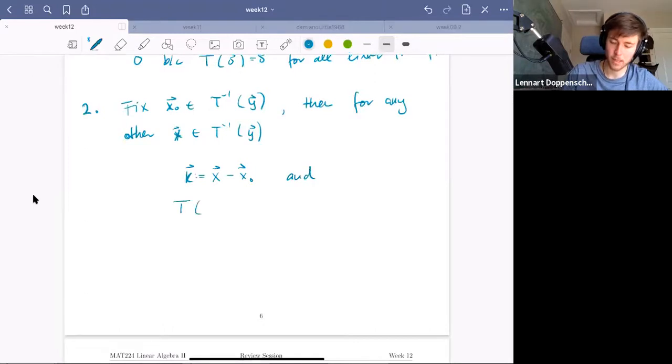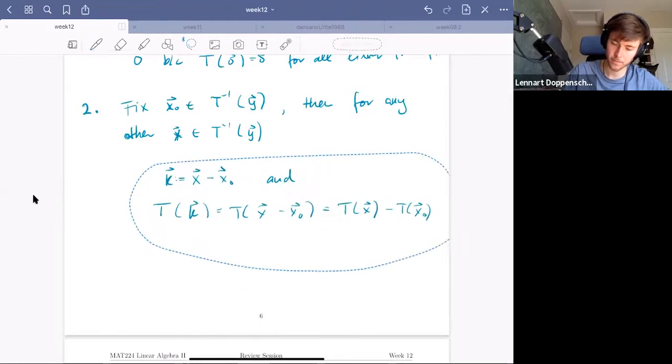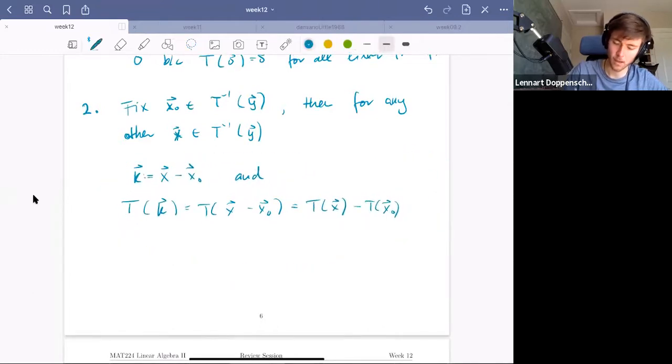And if we apply T to K, this is T applied to x minus x0. This is linear, so we can separate this to T of x minus T of x0. This is y minus y because they're both in the pre-image.